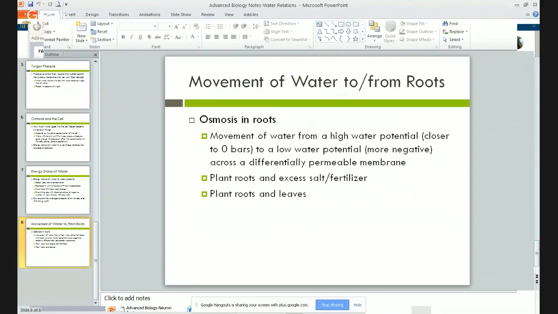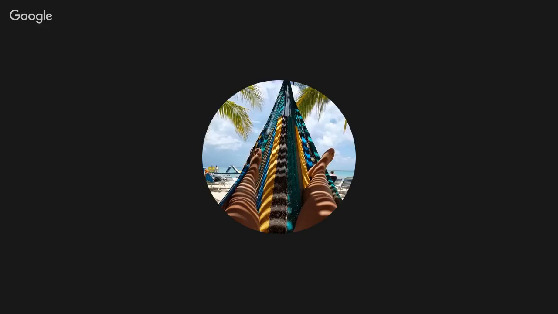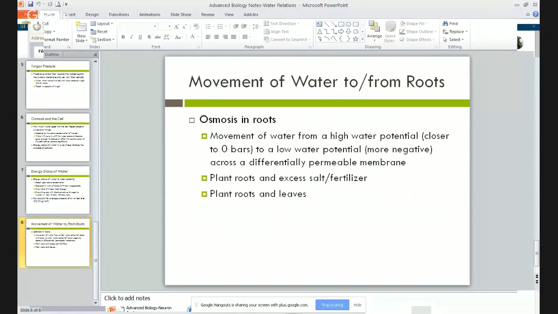Or, it's got to have a more negative. The stem has to have a more negative water potential than the root's energy potential, water energy potential. Otherwise, water is going to leave the stem and go down to the root. And that's not the way you want your water to be flowing. You want your water to be flowing up the stem.